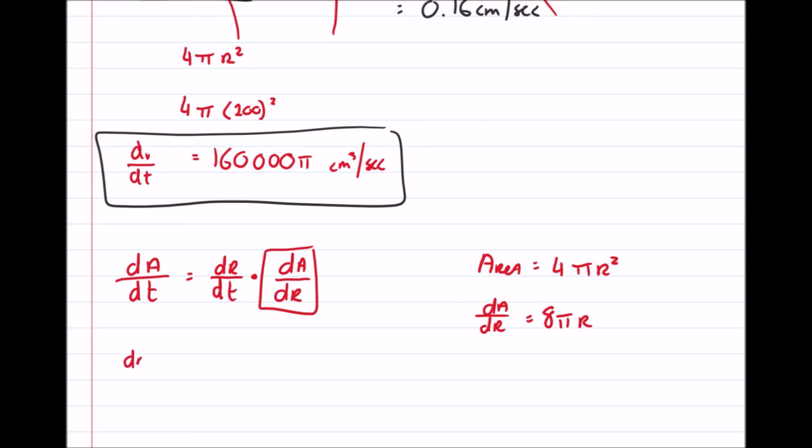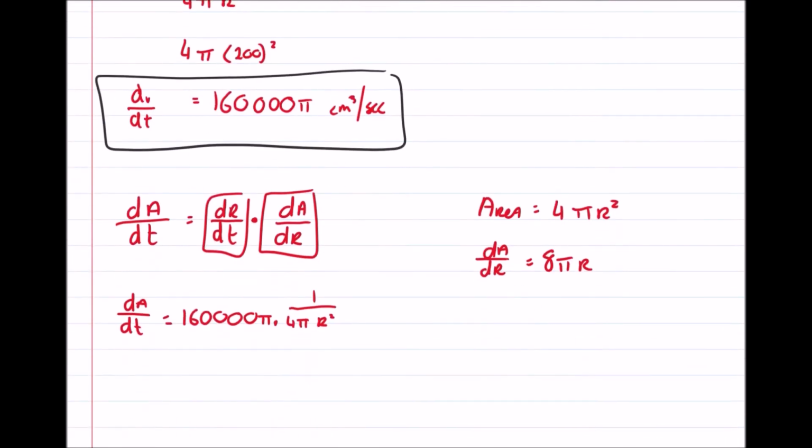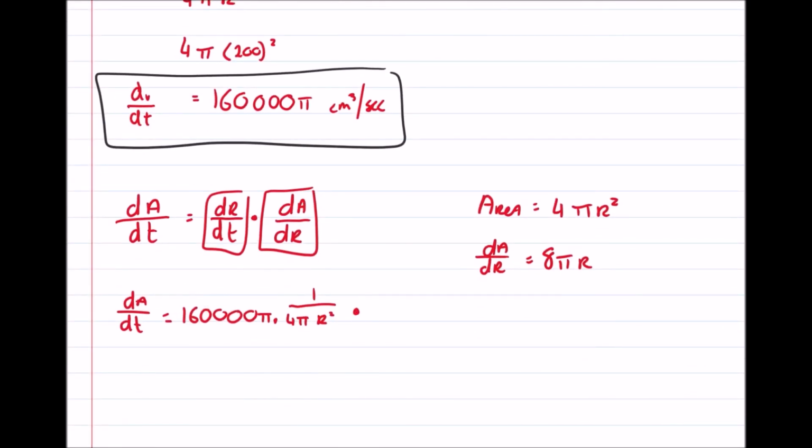Okay, so dA/dt equals dr/dt, again I have it up here, so 160,000 pi multiplied by 1 over 4 pi r squared, and multiply all of that by dA/dr, which is 8 pi r.